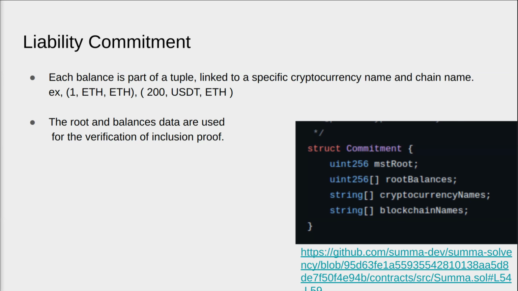You can check that later. Right now, the other two fields, the currencies and blockchain names, are not used in the contract. These fields are only for recording, as in the ownership proof.